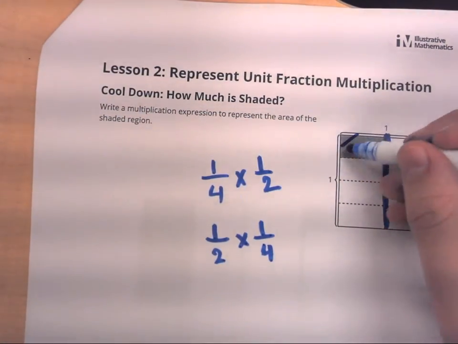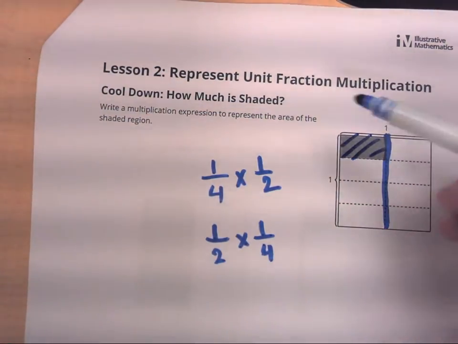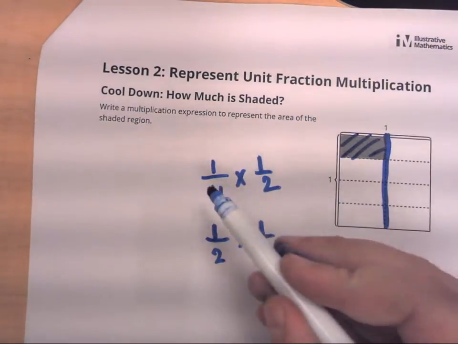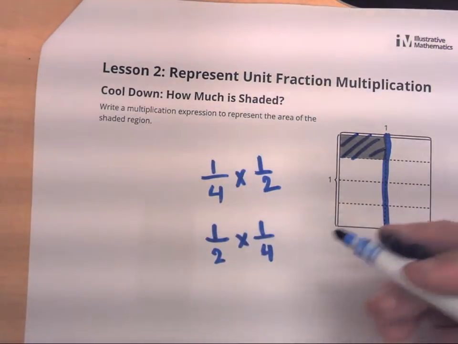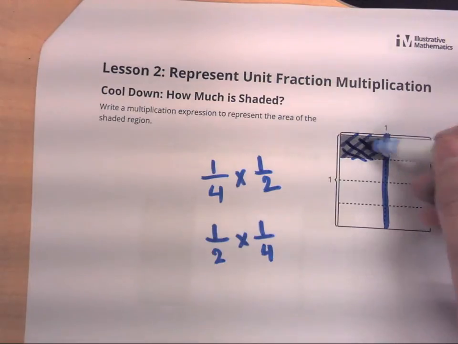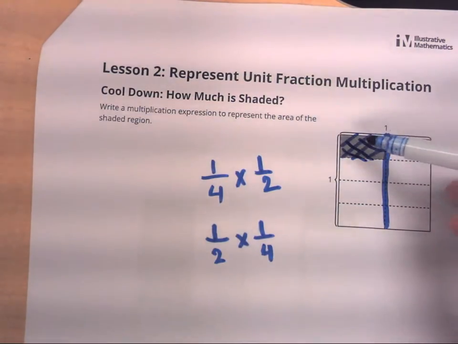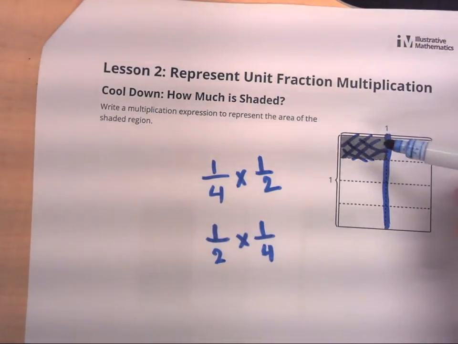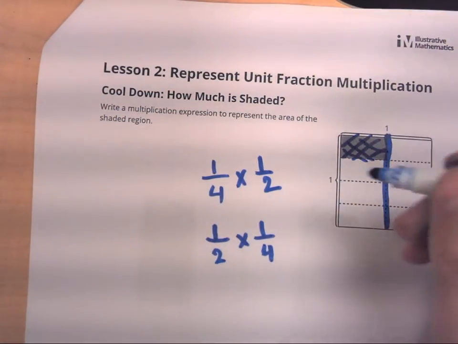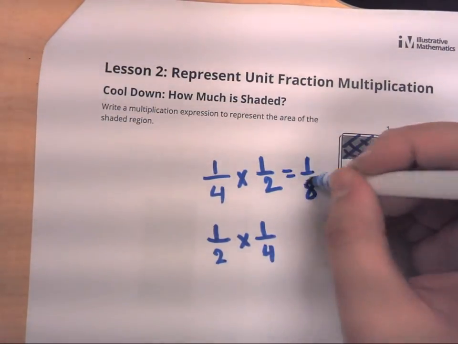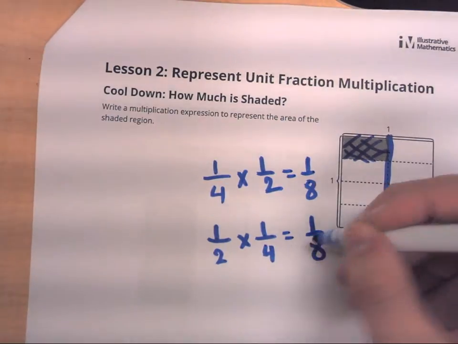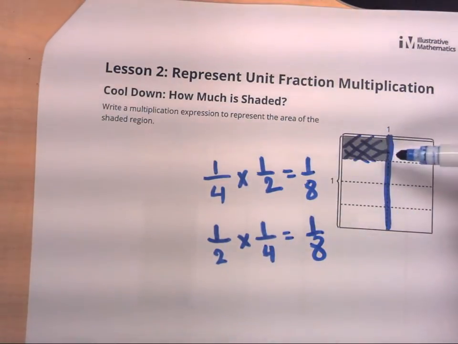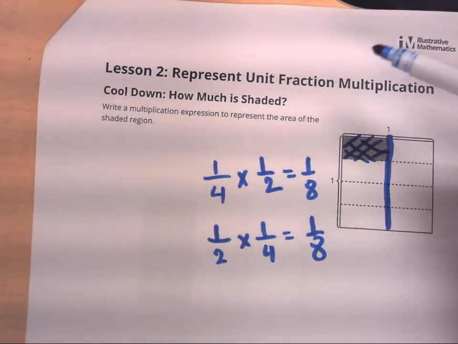And in each case, obviously the product would be the same, because we are just rearranging the factors here. But many of the students went beyond just writing a multiplication expression. They also identified that the product was 1/8, because it would take 8 of these equally sized areas to make up the whole here.